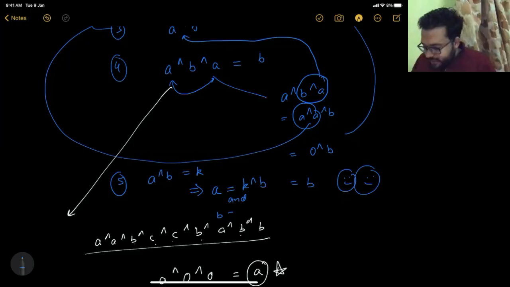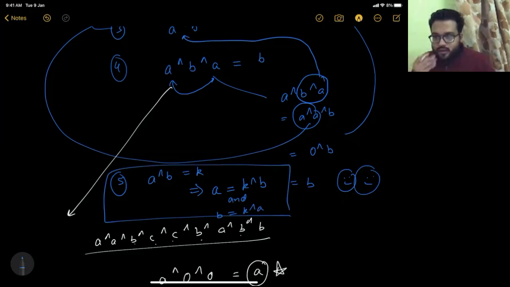If I am saying A XOR B is K, that is two numbers when XORed together give you an exclusive number K. Now if I want to get the first number, that is A, I can just XOR K and B to get A. Similarly, I can just XOR K and A to get B.